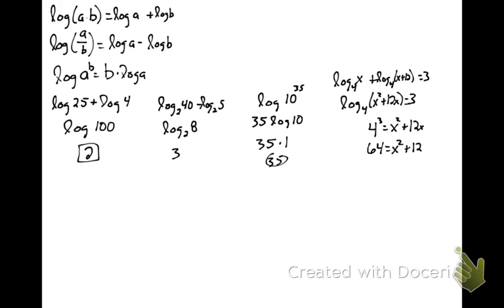And now it's just a quadratic that we should be able to solve relatively easily. Let's see, 8 times 8, 16 times 4. So this should be minus 64. Let's not make a silly mistake here. So this would be x plus 16 times x minus 4.